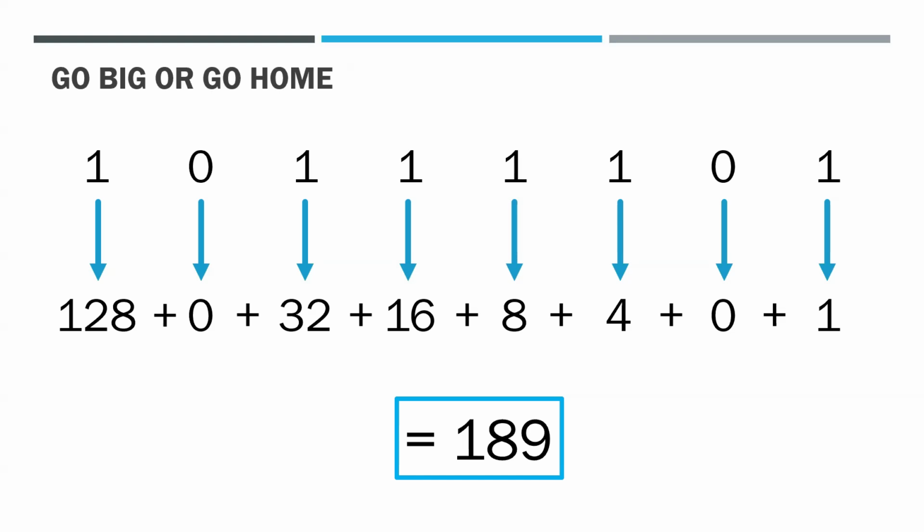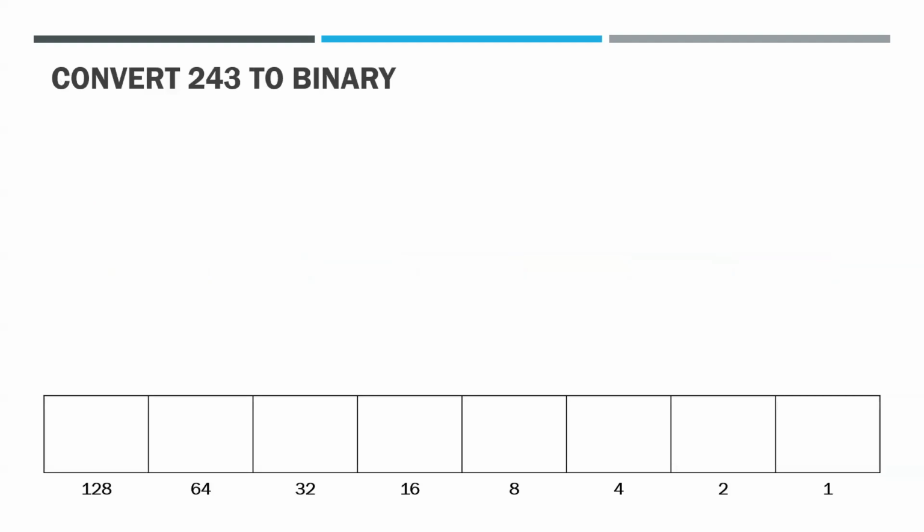Okay, so we can convert binary to decimal, but what about going the other way? What if you wanted to take a decimal number and write it as binary? So we're going to take 243 and convert it into binary in an 8-bit byte. Remember, 1s, 2s, 4s, 8s, 16s, 32s, 64s, 128s.